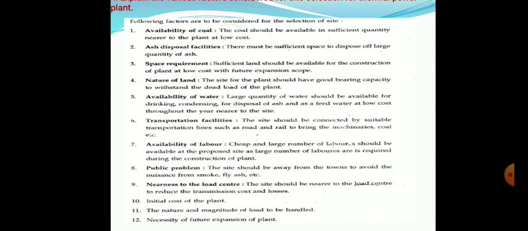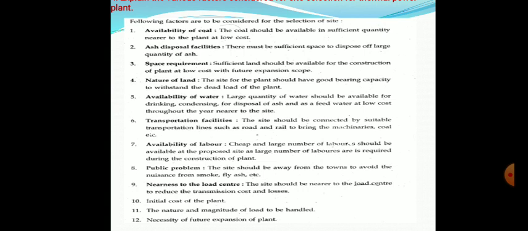Availability of labor. Cheap and large number of labor should be available at the proposed site as large number of laborers are required during the construction of plant. Public problem. The site should be away from the towns to avoid the nuisance from smoke, fly ash, etc. Nearness to the load center.